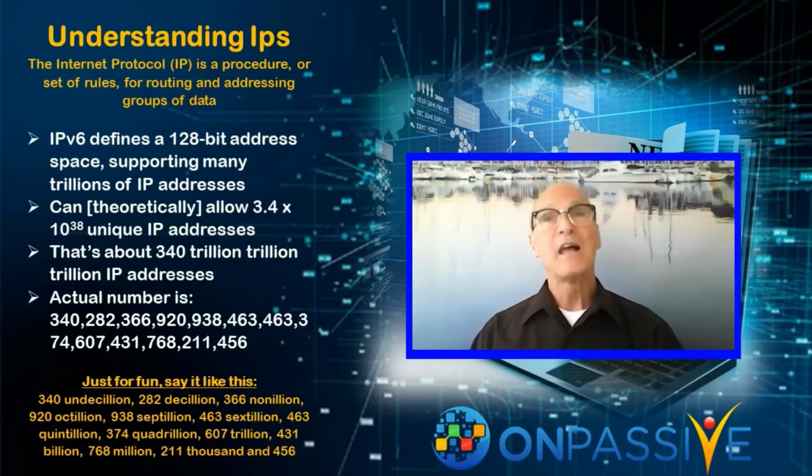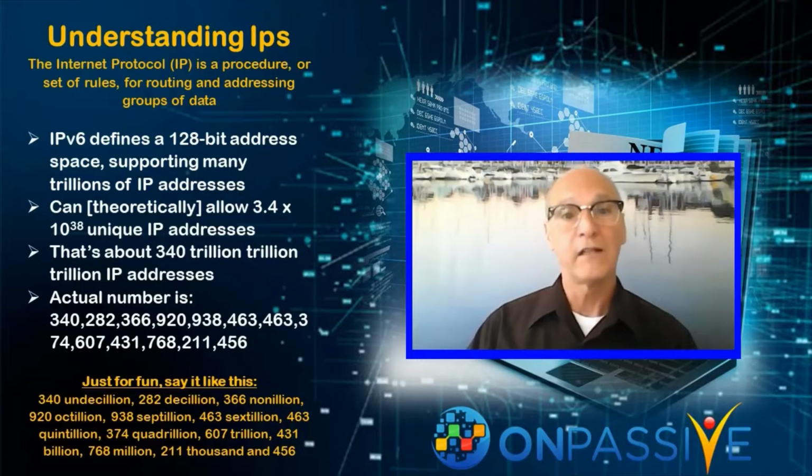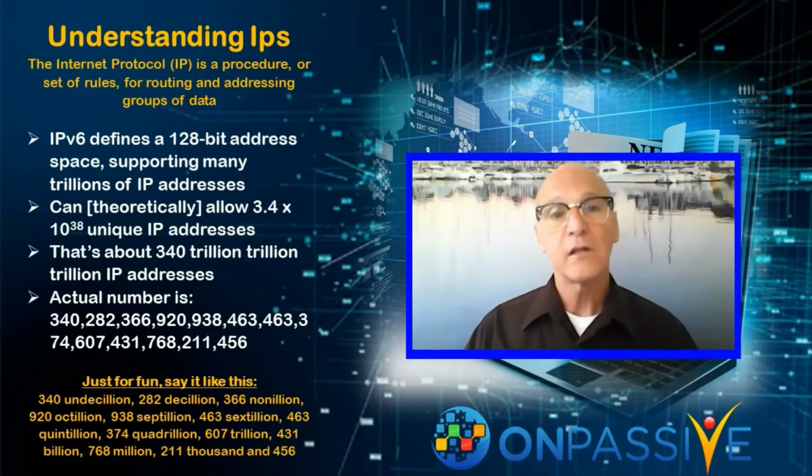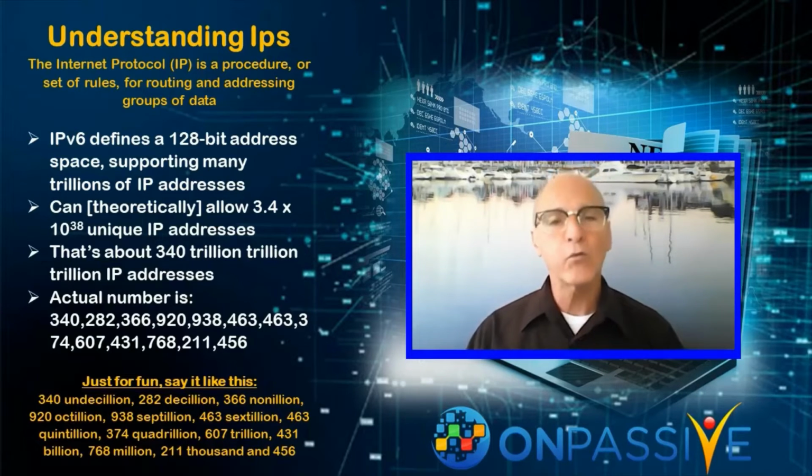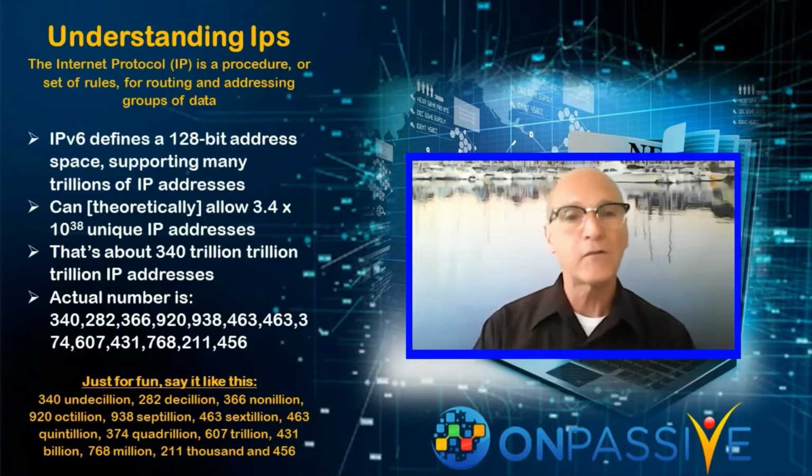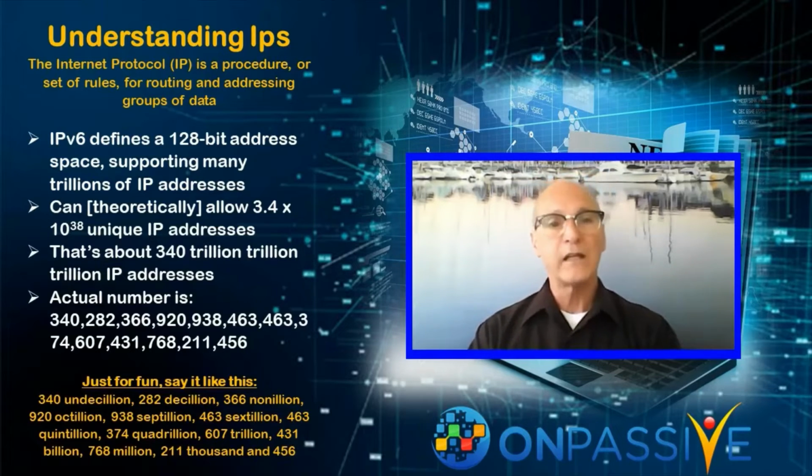Now, if you really want to get the enormity of it, the actual number is way too big to read, so I'm going to put the text version over here on the slide, and you can read it because it is crazy. But I just use the term a gajillion. So there's a gajillion addresses, and you can see that it's huge.